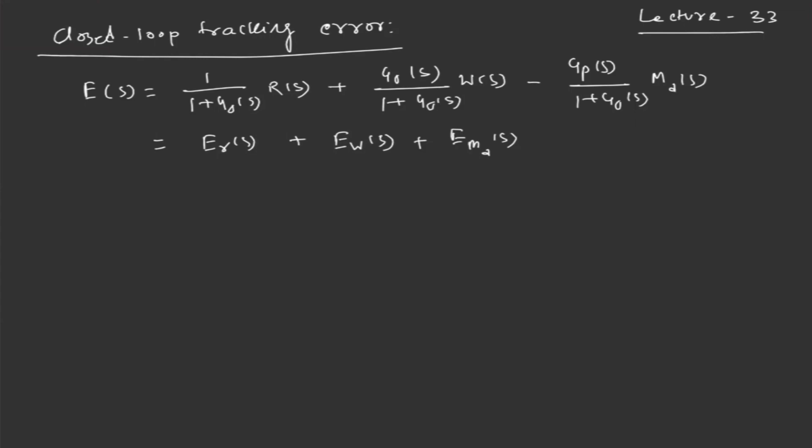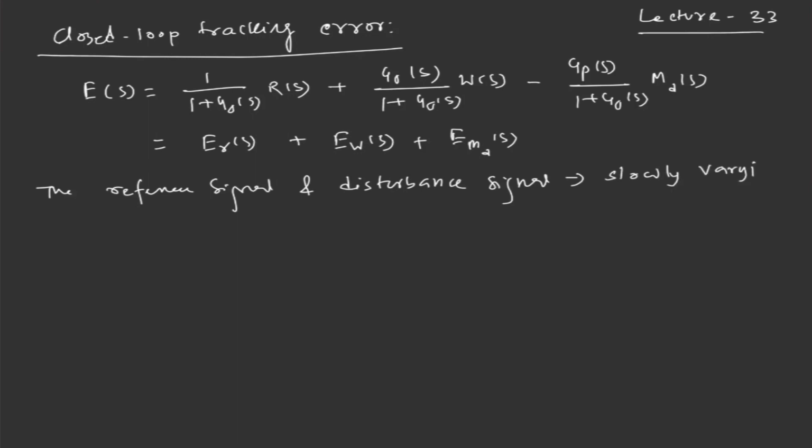And also, as we mentioned in the last lecture, the reference signal and disturbance signal are slowly varying with time, or you can say they have low frequency content.